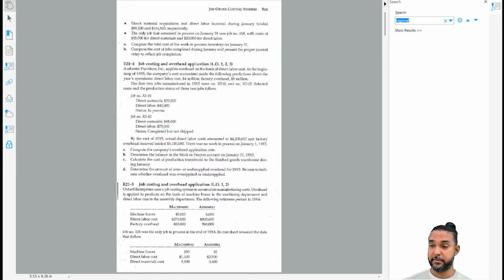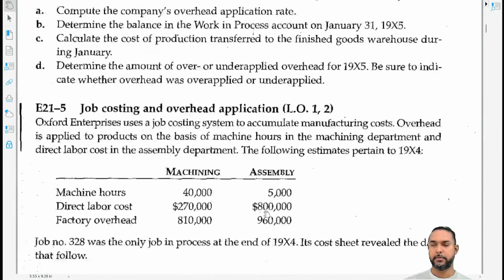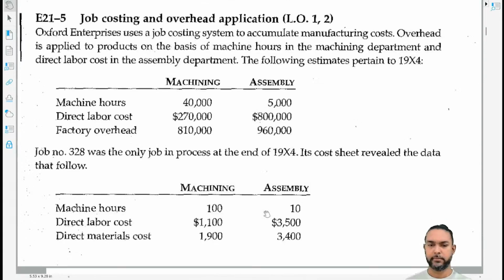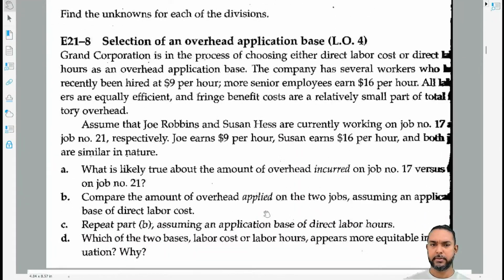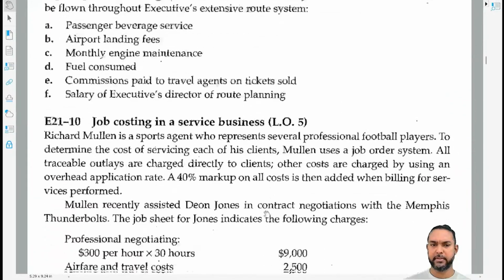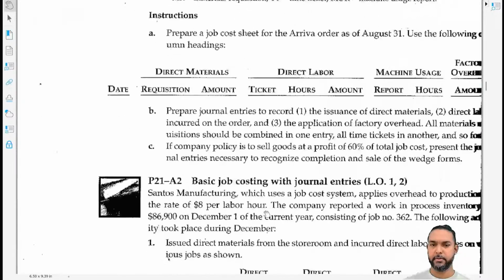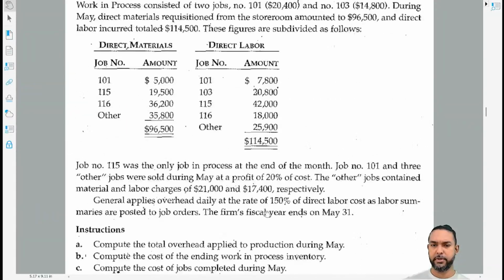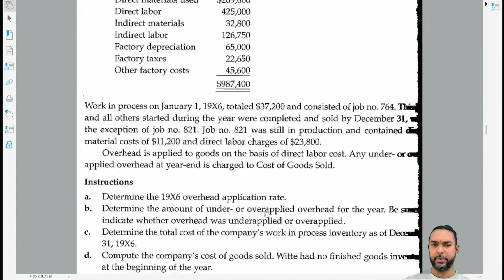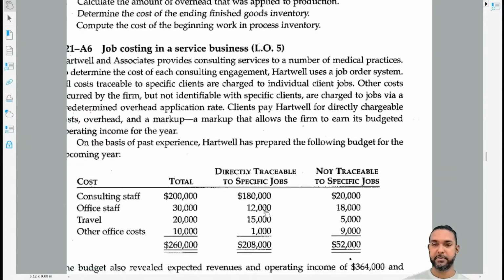It's not here either. Townsend, Grand, Executive, Richard. Durable goods. Santos, General, Witty. Some journal and some T accounts there for y'all.